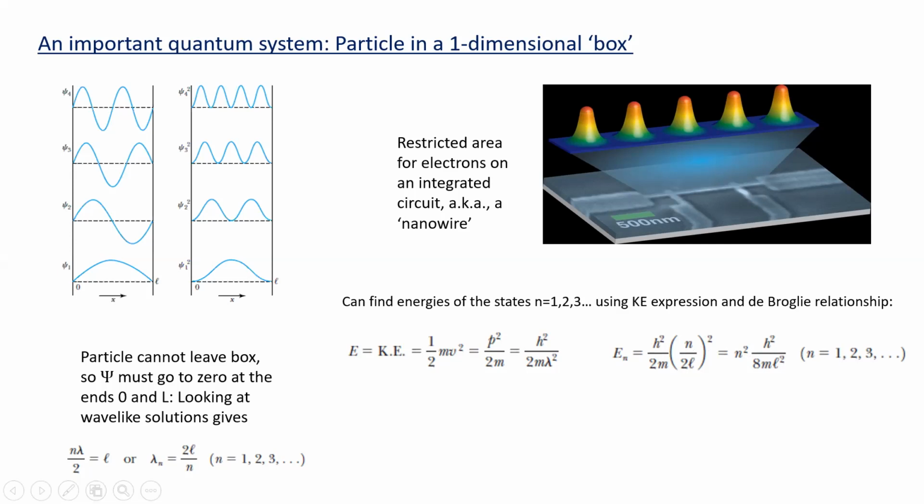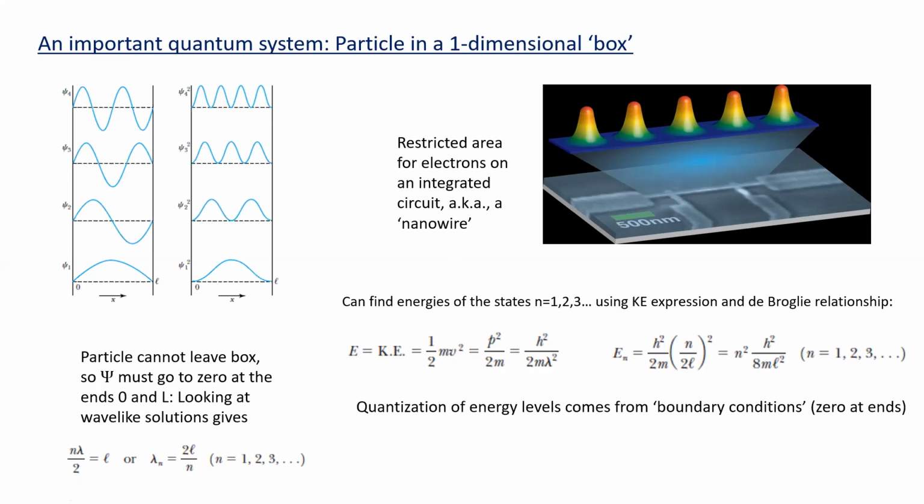So the key takeaway from this is that we get a set of allowed wave functions in this confined space, this one-dimensional box, and the energy associated with each of these wave functions goes up as the square of the number of oscillations in the wave function, and this is called quantization. The energy can take not any value, but only certain allowed values, n equal 1, 2, and 3, and n here is called a quantum number.